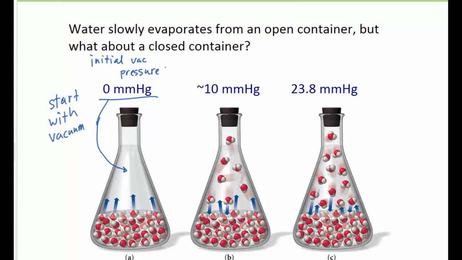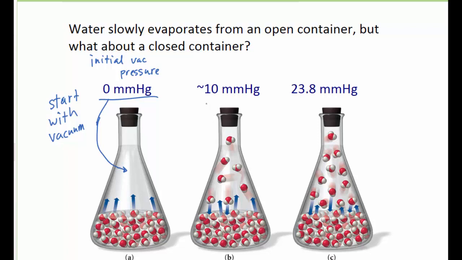At the moment we inject that water, we would be at 0 millimeters of mercury before any of that water got a chance to vaporize. But what's going to first start to happen is that those water molecules will start to vaporize, assuming that we have any of them that have enough energy to vaporize. But then the pressure increases.